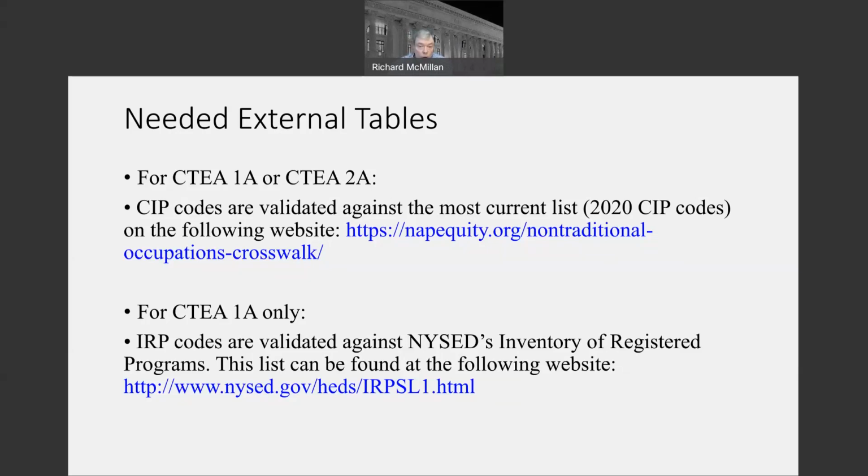For CTEA 1 only, IRP codes. These are codes that identify the program of study within the New York State education system, validated against NYSED's inventory of registered programs.